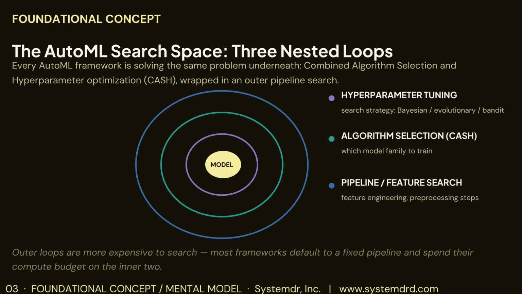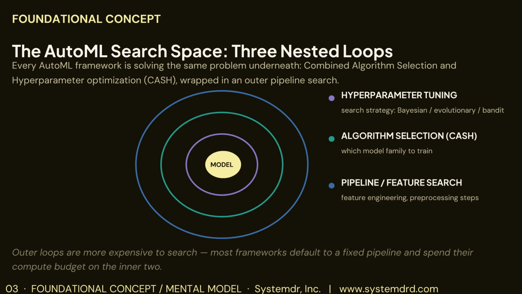Things like learning rate, tree depth, or regularization strength. That search strategy is usually Bayesian optimization, an evolutionary algorithm, or a bandit-based method. The middle ring is algorithm selection, the CASH problem itself, deciding which model family to train at all. Gradient boosting, a neural network, a linear model, and so on.